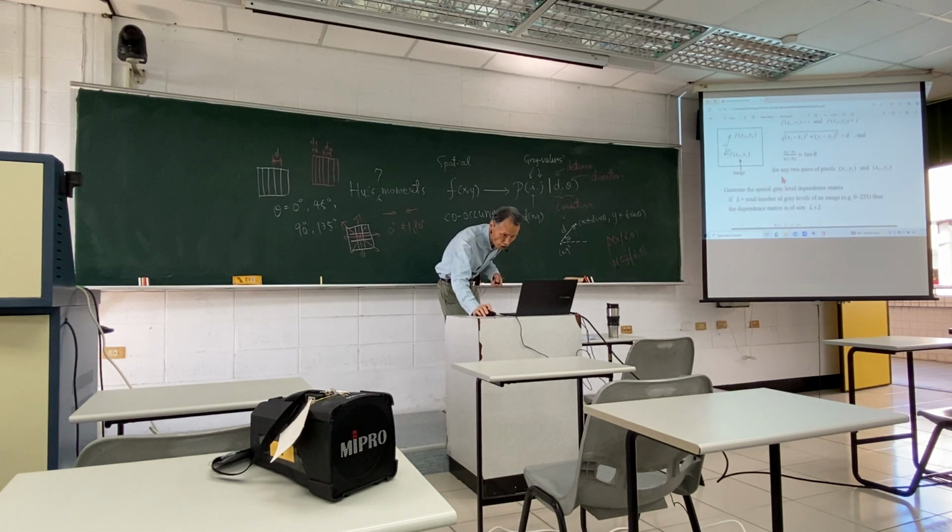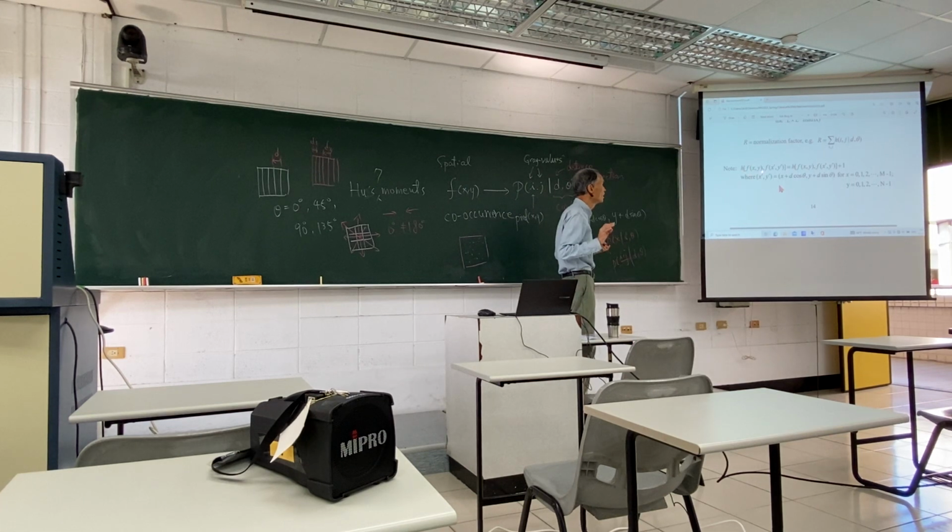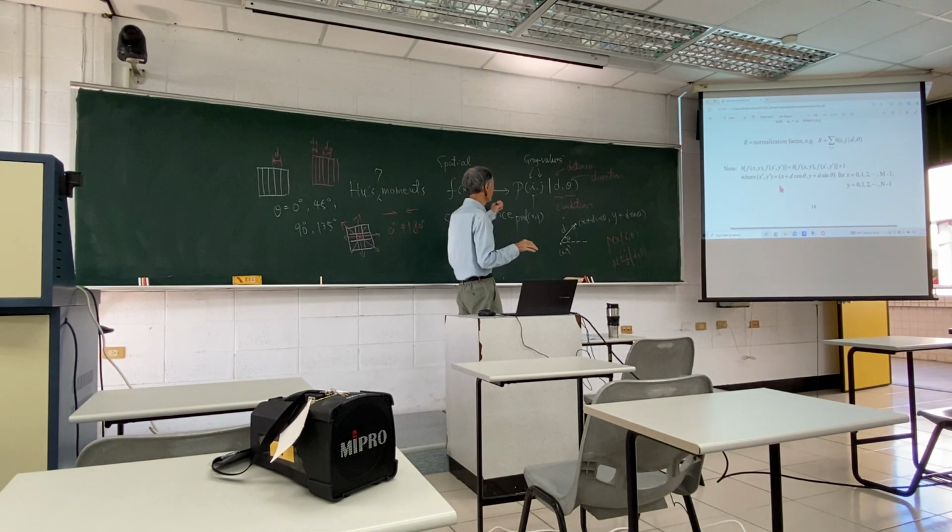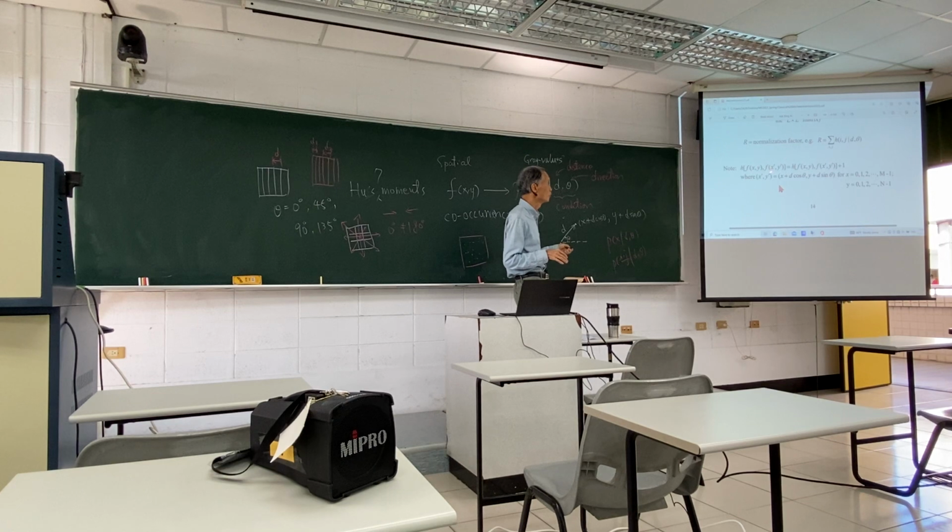Now let me skip a little bit. That's how we calculate the joint conditional probability. Here, H will be the accumulative number of pixels that change the gray value from f of x,y to some value j, based on its neighbor f of x prime, y prime, which is what I'm writing here: x plus d times cosine theta, and y.